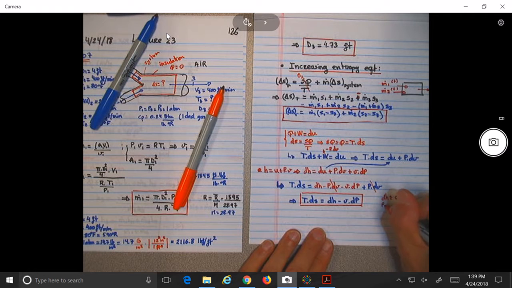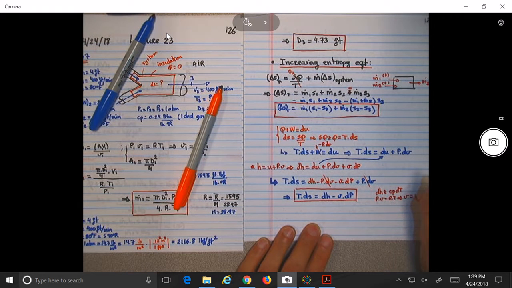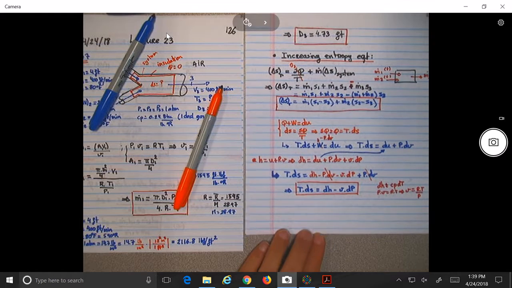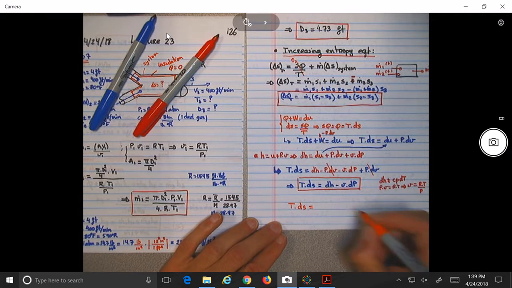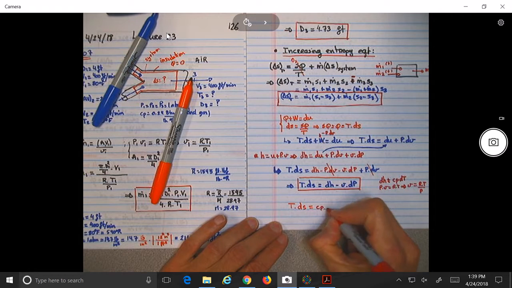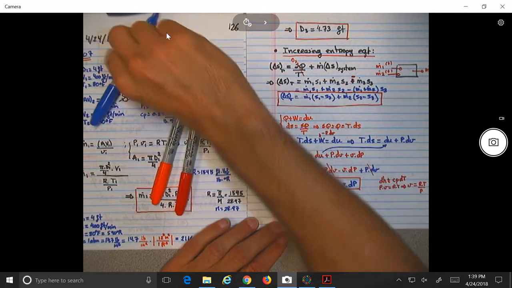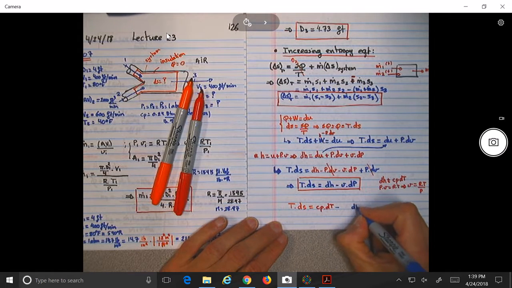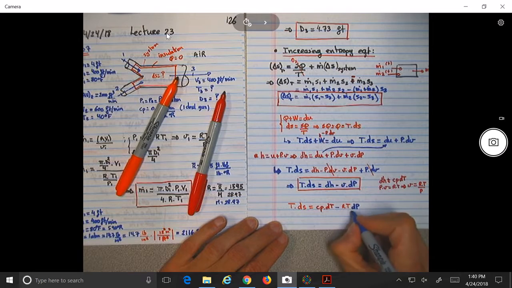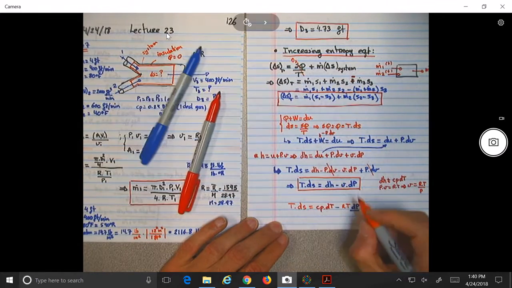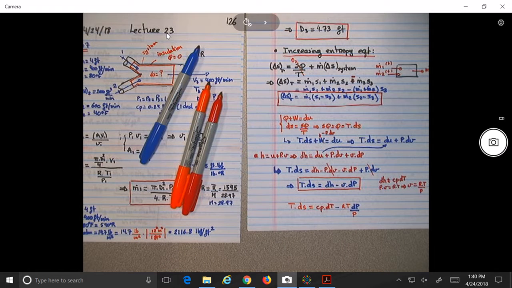And if we use the ideal gas relation, PV equals RT, V will be equal to RT over P. So the TdS relation becomes TdS equals Cp dT minus R times T divided by P dP.